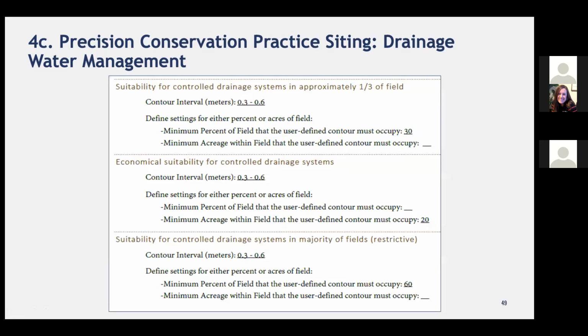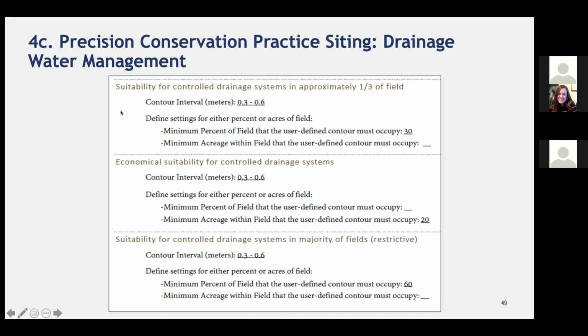Similar to when we talk about depressions, it's important to think about the settings that the user can derive in the context of what the goal is for that conservation practice, that drainage water management practice. So here you can see 3 different scenarios where someone might be considering drainage water management. And each one of these scenarios is going to change those user-defined settings slightly.